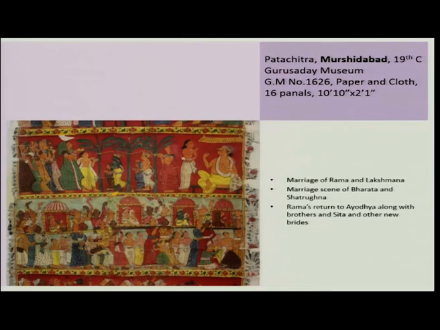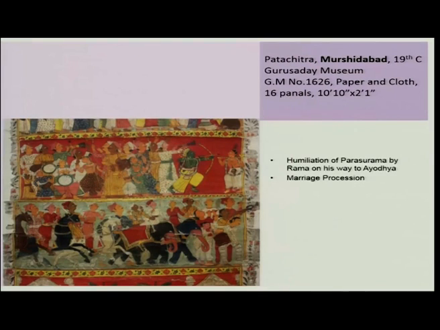So in the next frame, the humiliation of Parashurama by Rama on his way to Ayodhya, then the marriage procession. See the dynamism and the asymmetry in the characters. It's very forceful. There are overlappings with a minimum sense of depth.